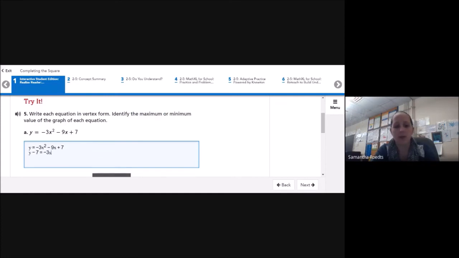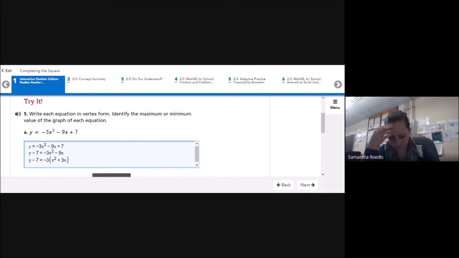Negative 3x squared minus 9x. Okay, when I do this, I need to factor out this negative 3 because I don't like it there. Negative 3 times x squared, and negative 9 divided by negative 3 is positive 3x.